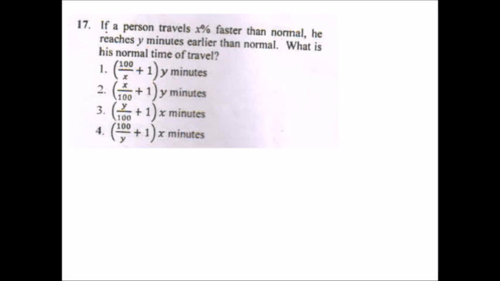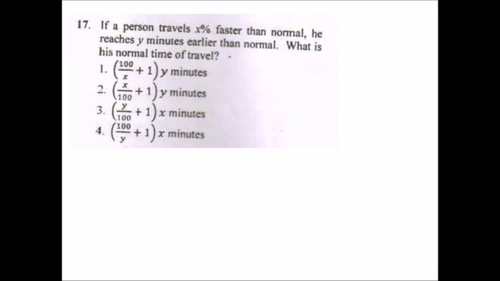Question number 17 is: if a person travels x% faster than normal, he reaches y minutes earlier than normal. What is his normal time of travel? The distance is the same, but we have different speed and different time.